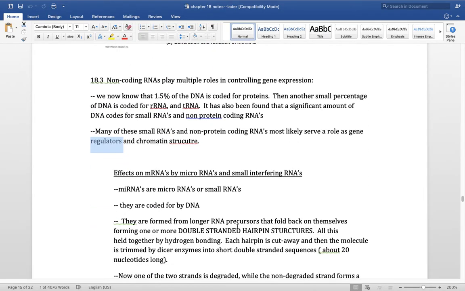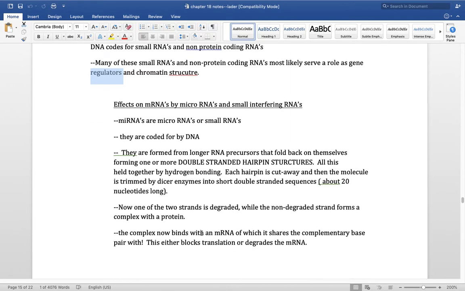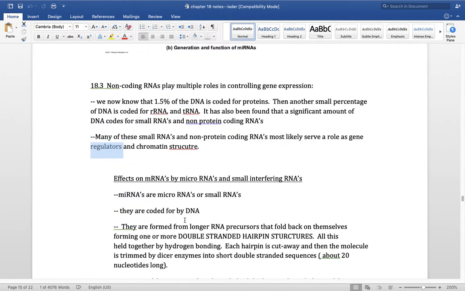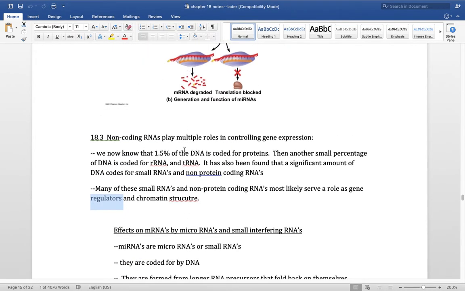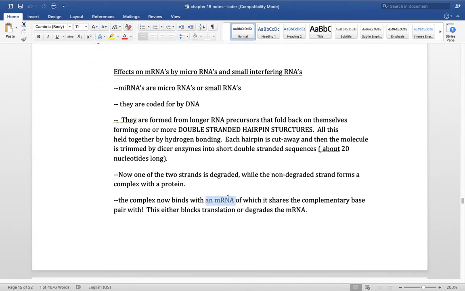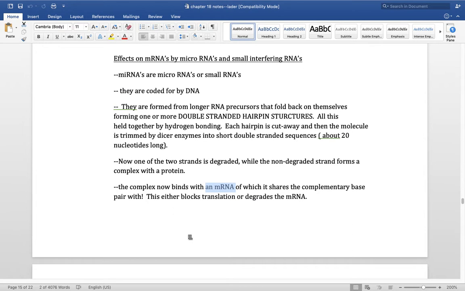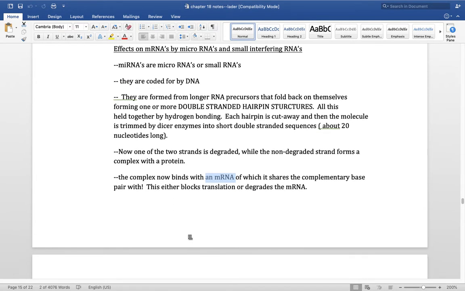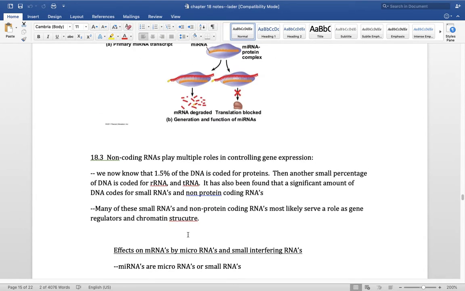Some really nutso stuff. Now one of the two strands is degraded, while the non-degraded strand forms a complex with a protein. That's that purple thing you see right there. The complex now binds with, most importantly, an mRNA, which shares complementary base pairs with it. This either blocks translation or it degrades the mRNA, just like it's being shown right here.